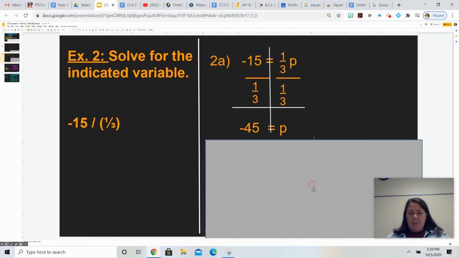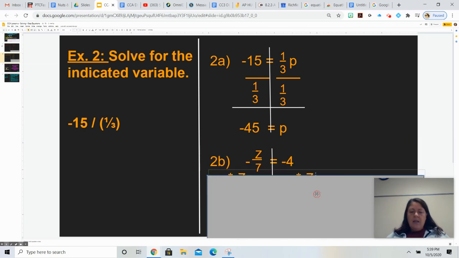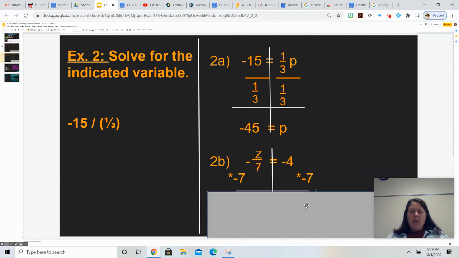Our last example for this lesson is -z/7 is equal to -4. And we know anytime we've got this fraction bar, it means division. And what's the opposite or inverse of division? Right, it's multiplication. So I need to multiply both sides of this equation by that -7, because in doing so, this multiplication of -7 is going to cancel this -7 out.